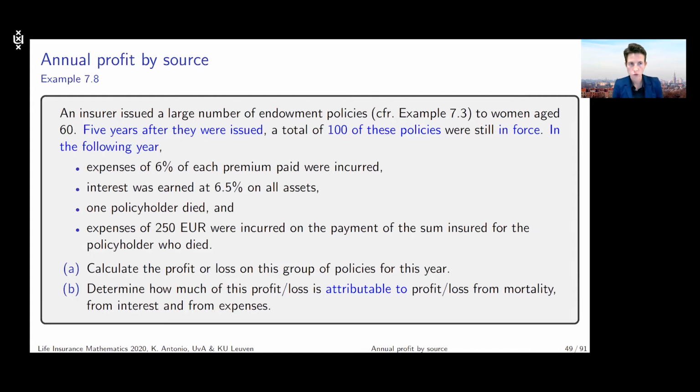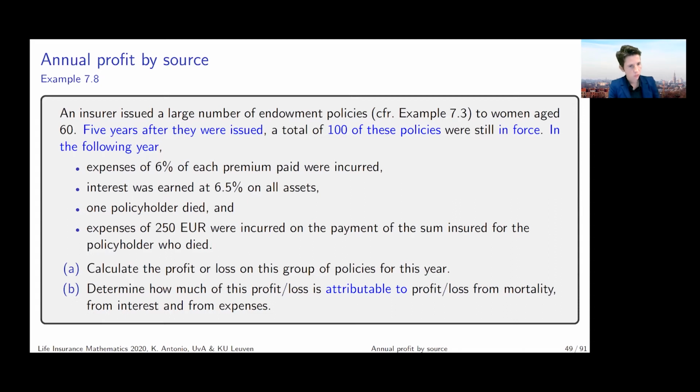And what we're now going to do is, those were the assumptions in our policy value basis. And now 5 years after these contracts were issued, we have a total of, say, 100 of these policies still in force. And in the next year, we see that the real expenses are 6% of each premium paid, instead of the assumed 5%.